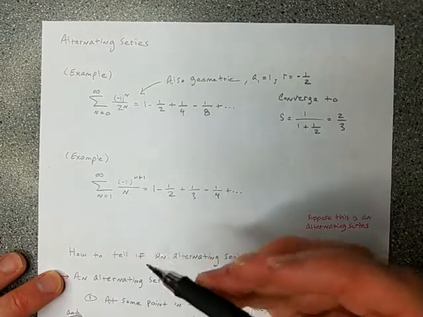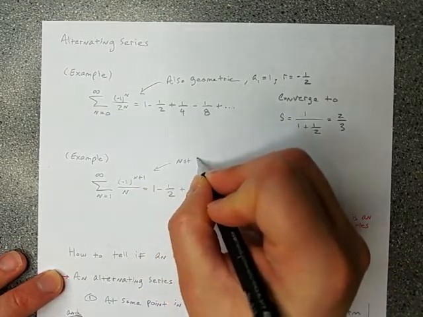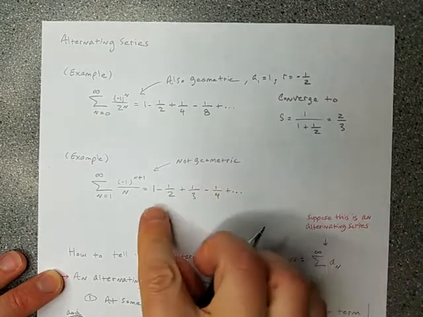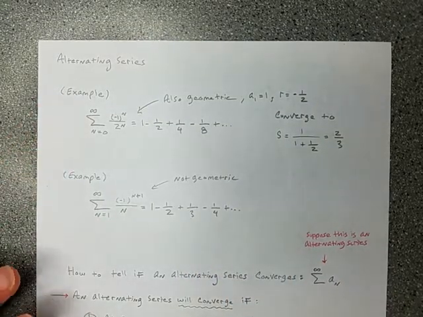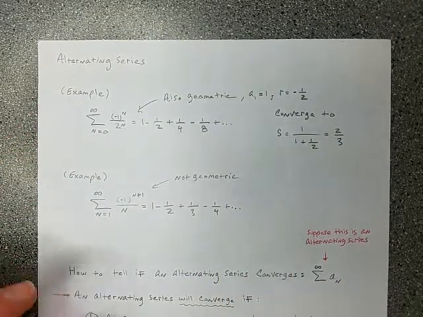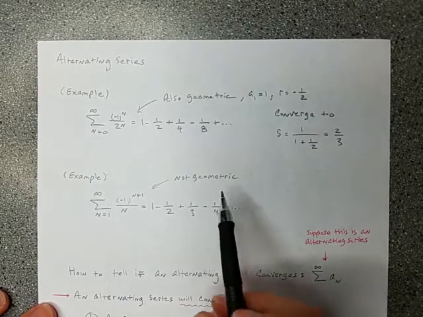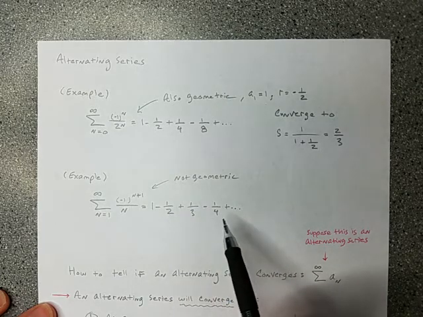This is not geometric, let's agree about that at the very least. It's definitely not a geometric series, but it is an alternating series. So now you know what an alternating series is: a series whose signs change consistently from plus to minus or minus to plus, but they alternate.